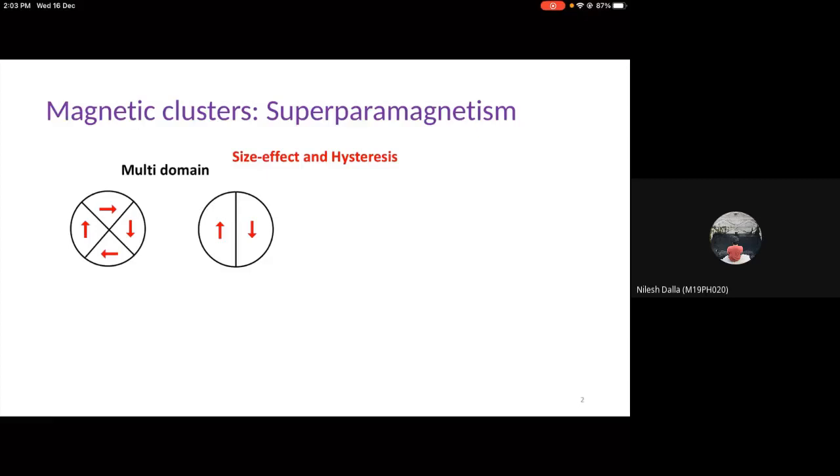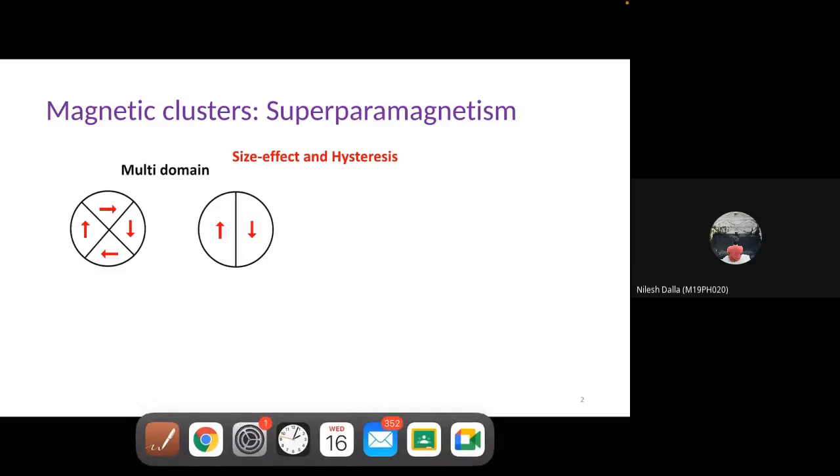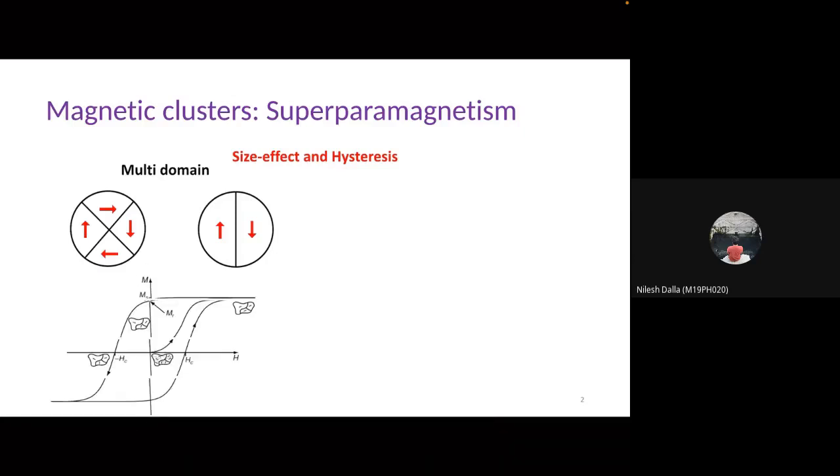So what we are discussing is, if we take a bulk magnetic material, normally it is in a multi-domain state, and what we get is a hysteresis loop.